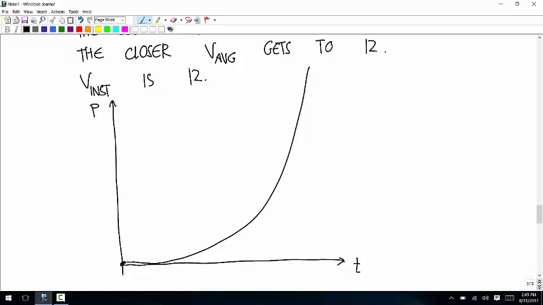And so let's say there's 1, there's 2, there's 3. So the first two choices of T1 and T2 we made were here and here. And if I draw a line between these two points, that average velocity was the slope of that line.